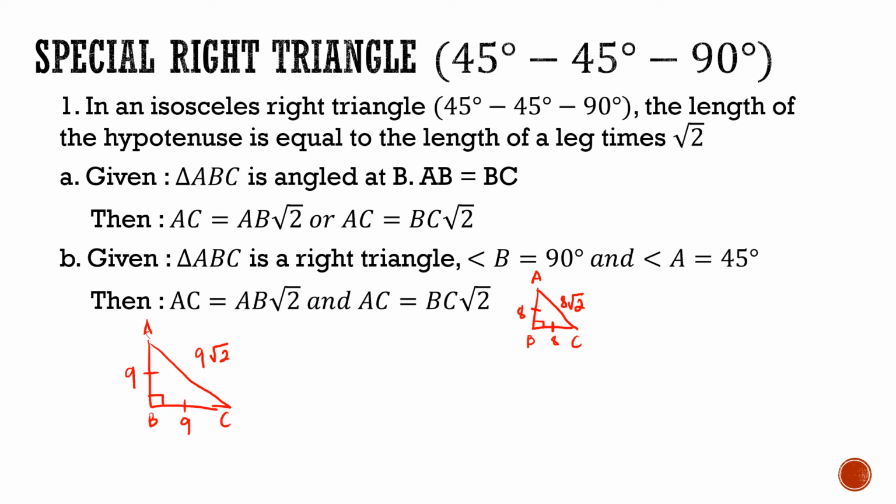But what if our given hypotenuse is a whole number? So let's say this is 8. I want to find my AB and BC.